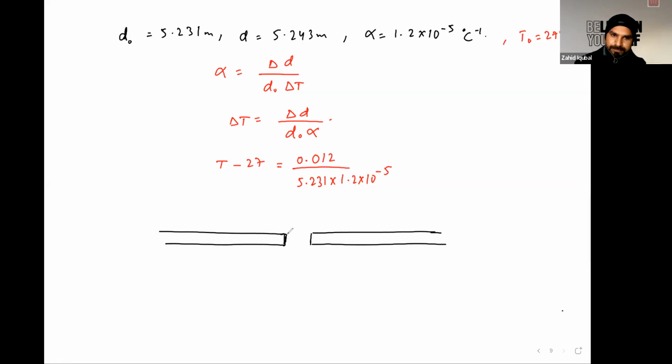So on expansion, it will extend up to this part, and similarly, it will extend up to this part. That's why a gap is left between two rails, so that on changing temperature, it will expand to fill this particular gap. Samaira, is it clear? Okay, so this is all about the first part, that is expansion.